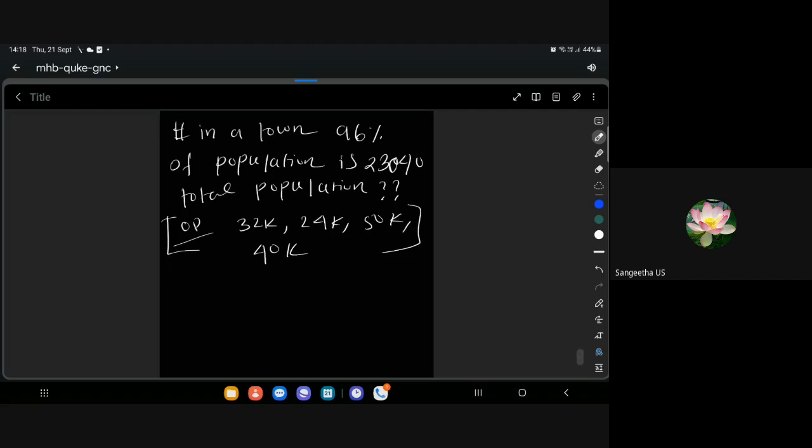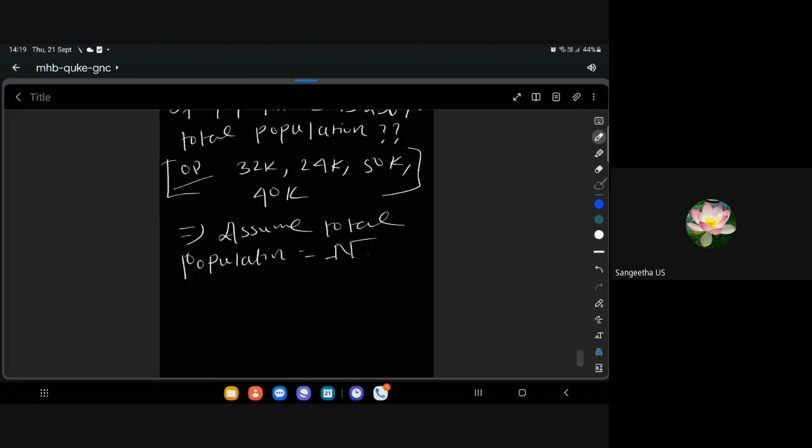See, let us assume the total population is equal to x or n, or p. So they have told you 96% of n is equal to 23,040.